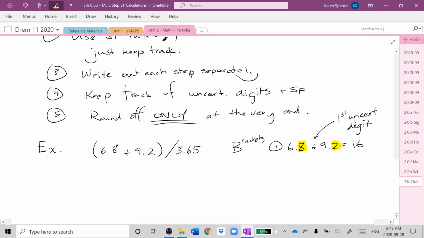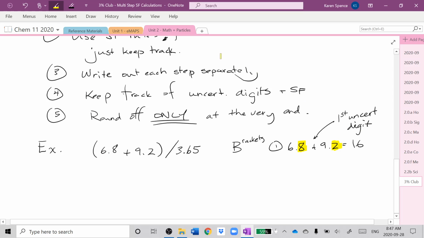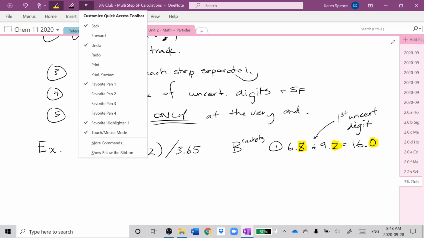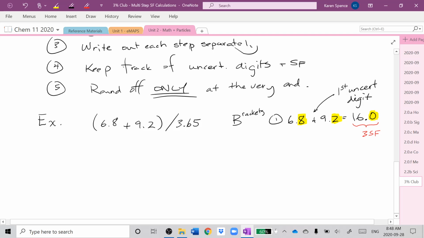That means that this number, this 16, actually needs a first decimal place because that is its uncertain digit right there. So that means in step number one, our brackets, in our final answer we have how many sig figs? If this were our final answer, how many sig figs would we have? We would have 3 sig figs.